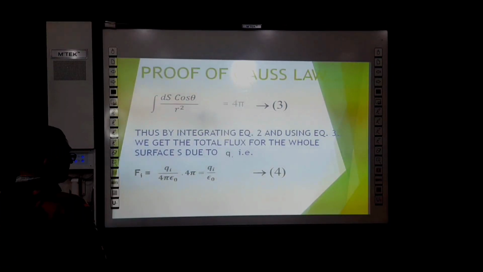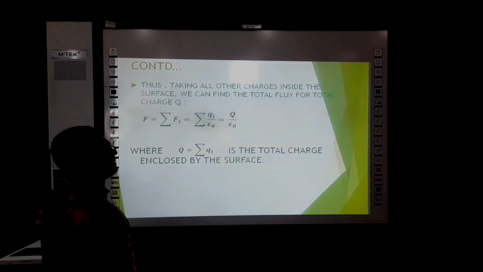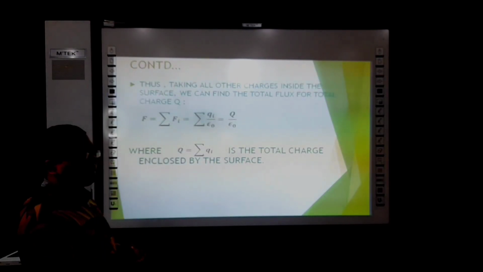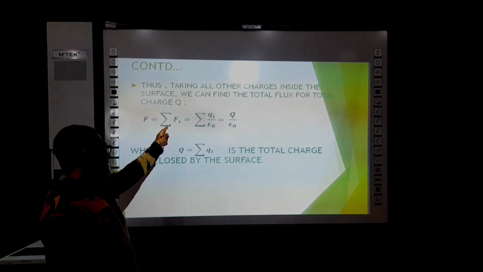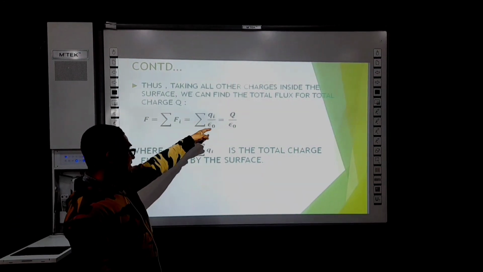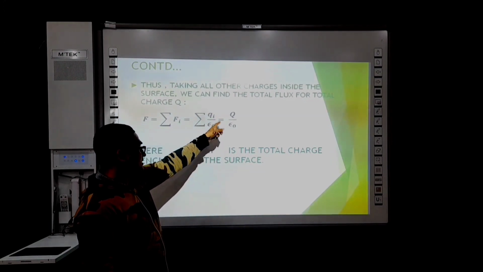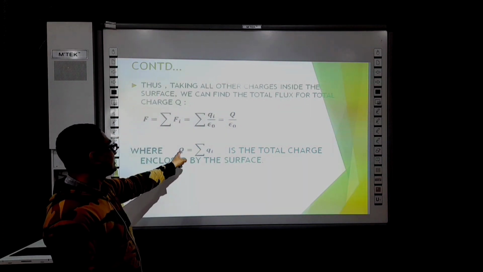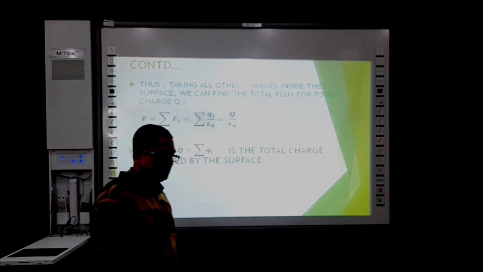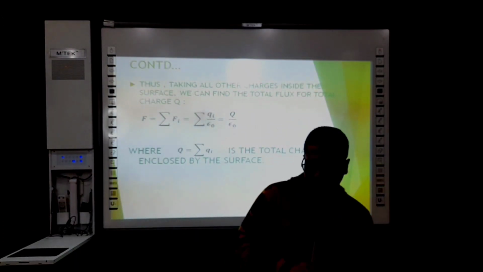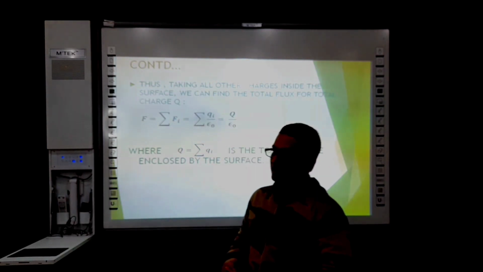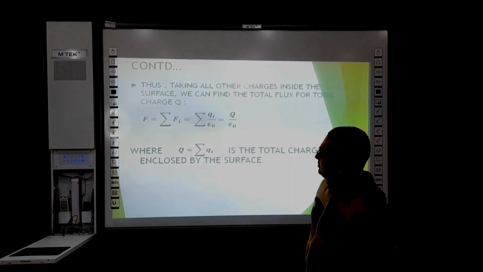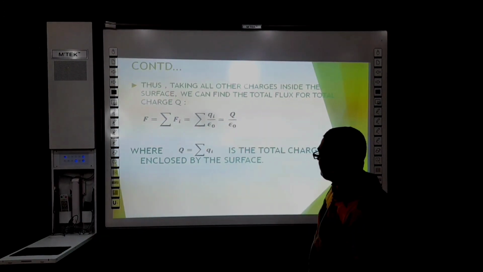So if we take all the charges inside the surface, we will find a total flux, and for that we just add up all these fluxes, Qi by epsilon naught, and ultimately this Qi, when summed over all the charges, will give the capital Q, which will be the total charge. So Qi simply represents Q1, Q2, Q3 and so on, and all these charges together make capital Q.